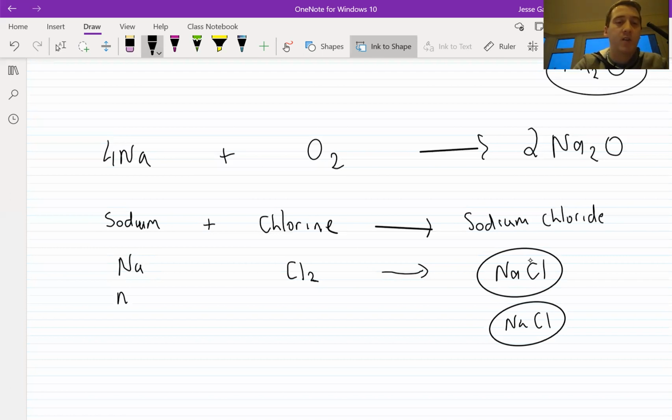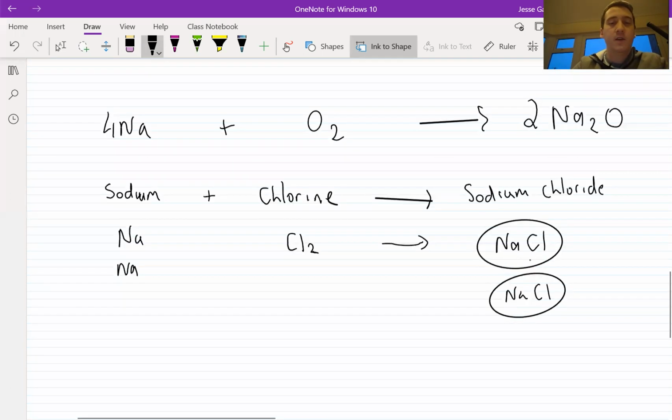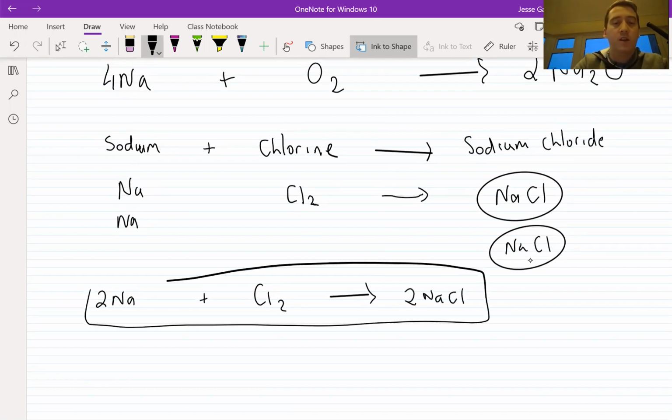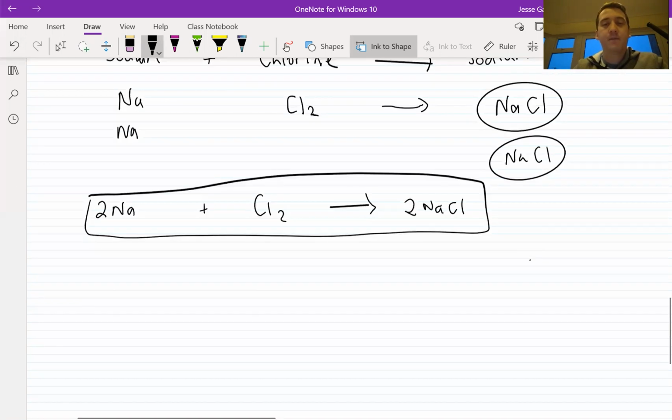So I need to get another sodium here like this. So when I rewrite out my equation, it's going to be 2 Na, because I've got 2 of them, plus Cl2 gives me 2 NaCl. So that would be the balanced equation of sodium reacting with chlorine.